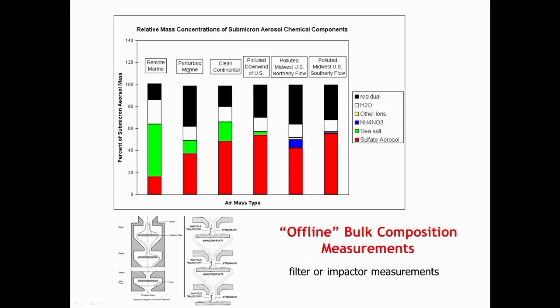In the perturbed marine, you've got sea salt and sulfate. In clean continental, you've got some sea salt and sulfate. By the time you get into a polluted environment, you've got a bit of nitrate, etc. So they're the sorts of very, very rough measurements you can get from filters.